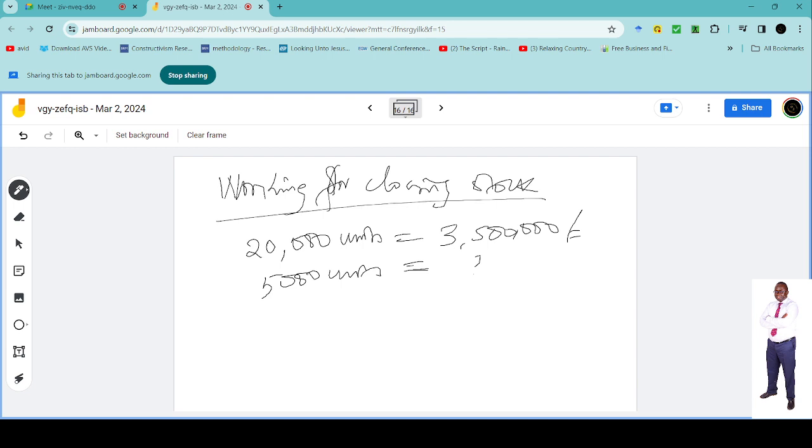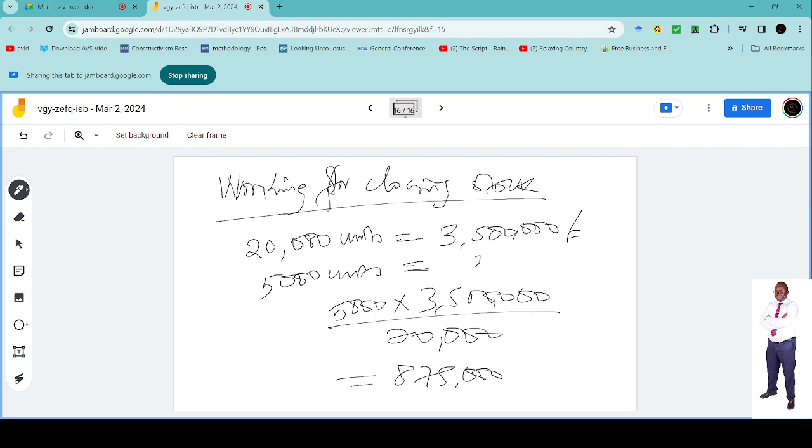We do the cross multiplication, so we have 5,000 times 3.5 million, then we divide this by 20,000. This gives us 875,000. So that's our working for closing stock.